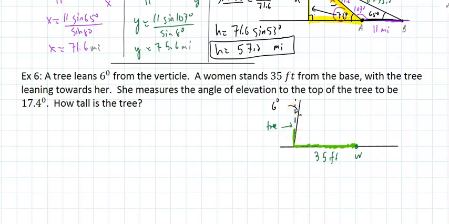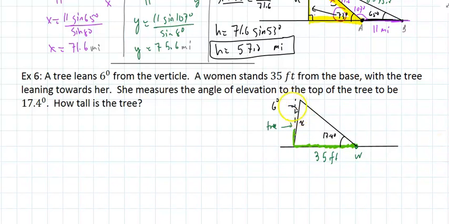And then it says, she measures the angle of elevation. We know what that is. To be 17.4 degrees. How tall is the tree? How am I going to do this?